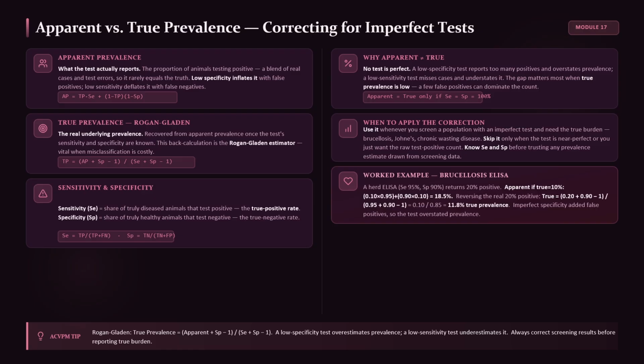A test with low specificity throws off false positives, so it overstates prevalence. A test with low sensitivity misses real cases, so it understates prevalence. That gap is widest when the disease is rare. When true prevalence is low, even a handful of false positives can swamp the real cases and make a disease look far more common than it is.